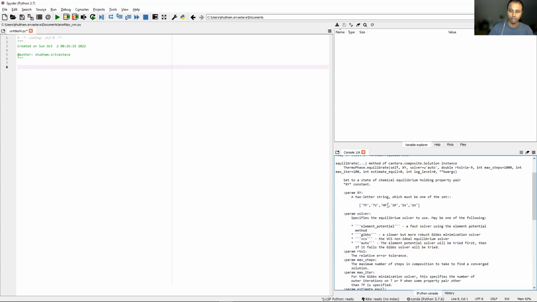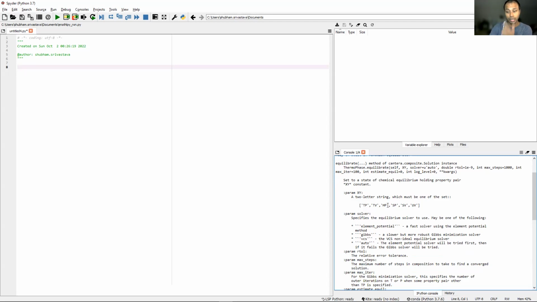Similarly, if you have HP written for the option in place of XY, Cantera will keep the enthalpy and the pressure constant while calculating equilibrium. For adiabatic flame temperature calculations, you will always have the HP option, because by definition in an adiabatic system, there will be no change in enthalpy.